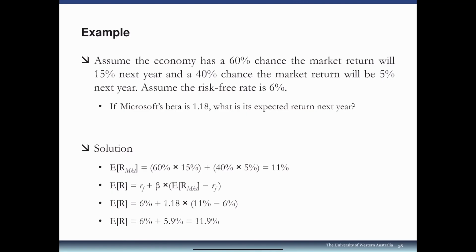But at least for now, at this stage, you can think of this as a concept that gives you a good intuition to explain what you observe empirically, right? So that tells you, given that it's a positive relationship, the higher the beta, the higher the return for the individual company, right?